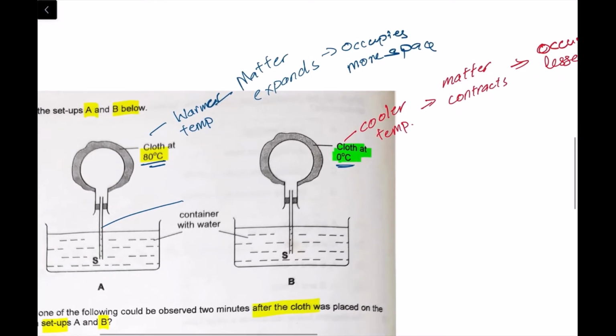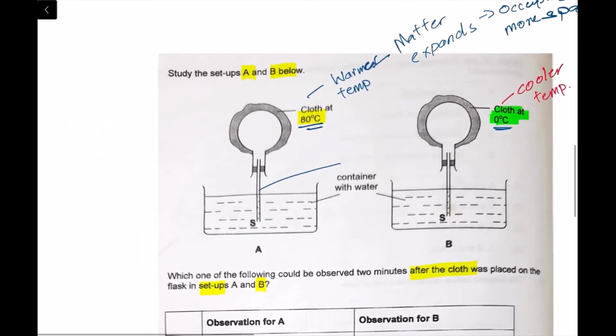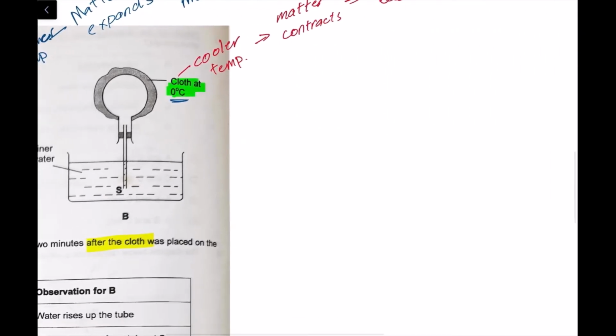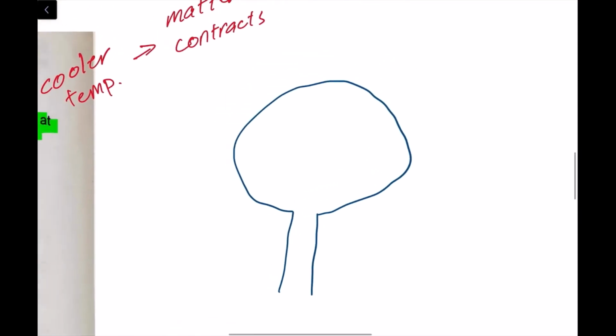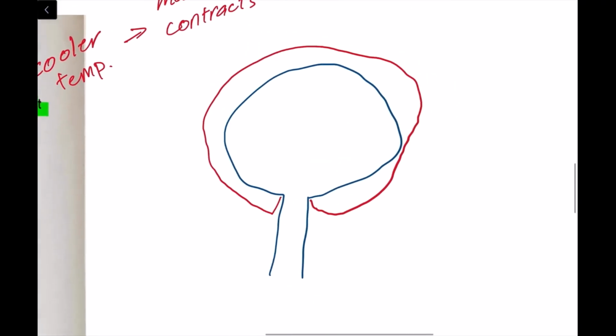So let's look at this setup over here. If I draw the setup for A, we have a flask like this, and then on top of this we have this piece of cloth. It's not exactly drawn perfectly, but you get the point.